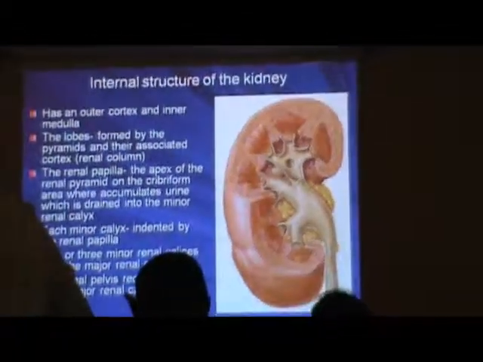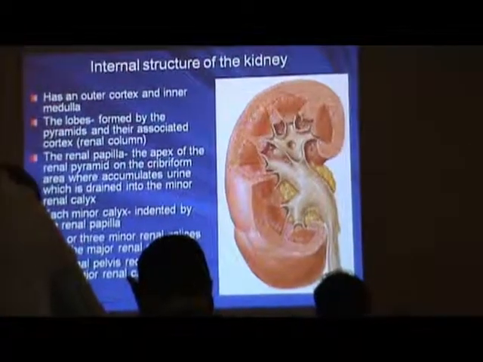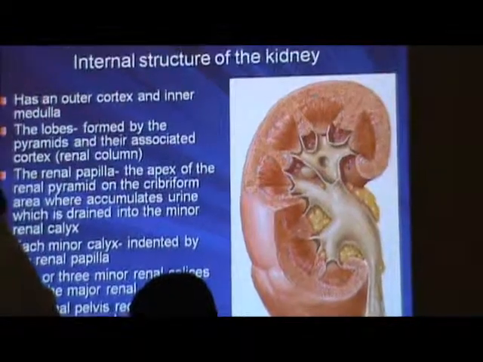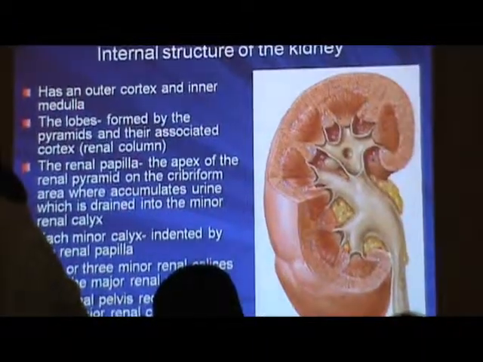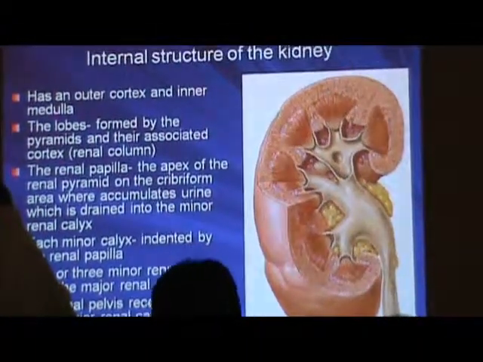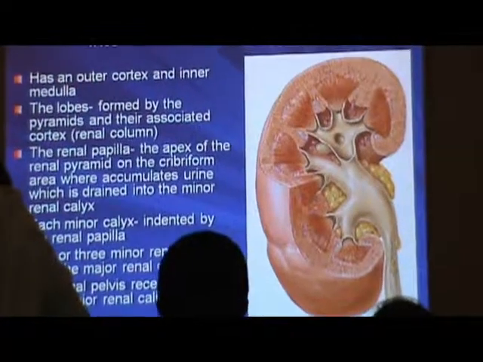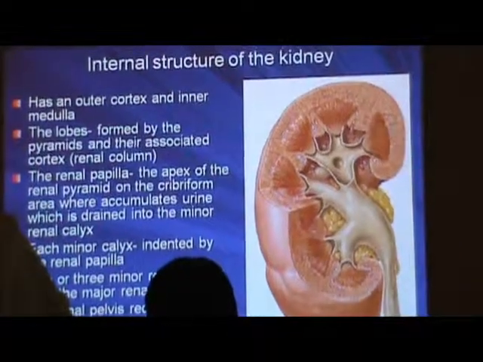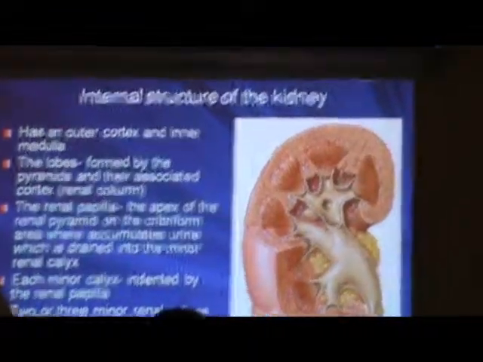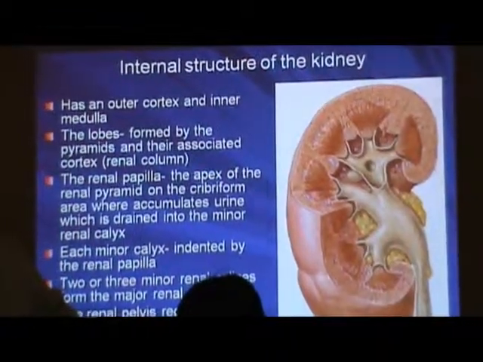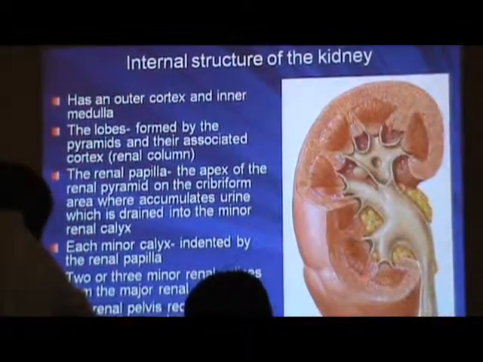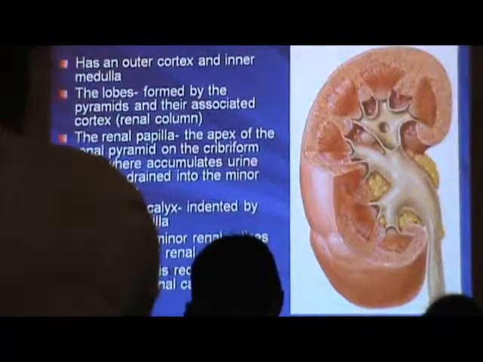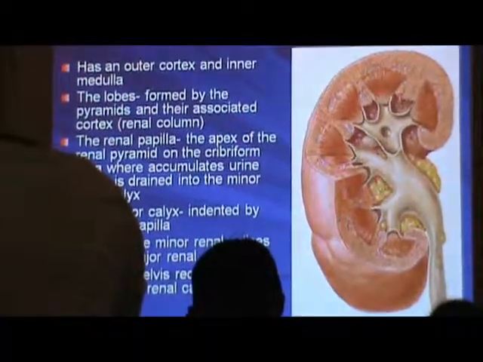The minor renal calyx resembles a glass for wine. It differs from the major renal calyx, which has the name calyx but doesn't resemble one. And look, such a perfect picture you can see only in atlases or X-rays.